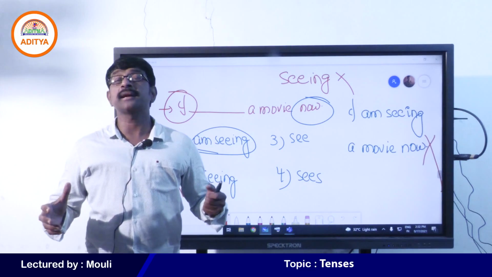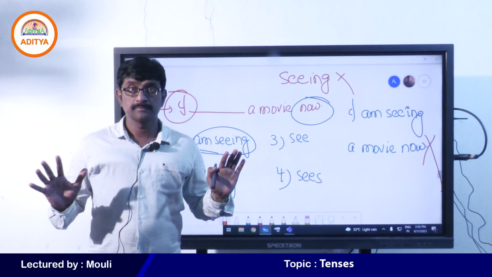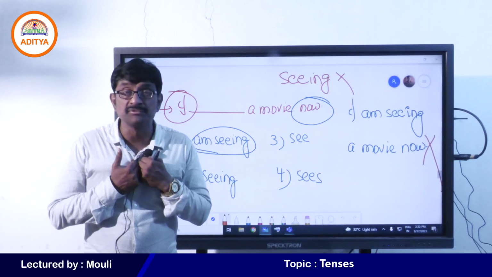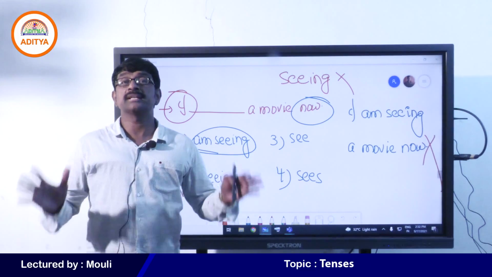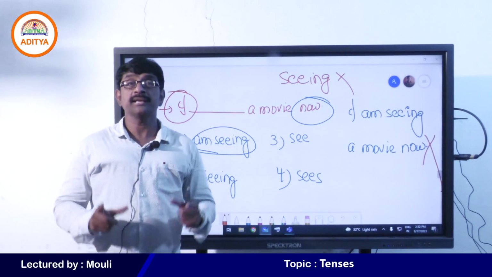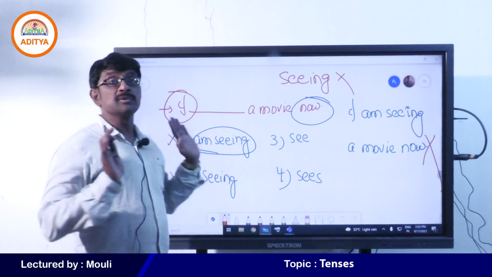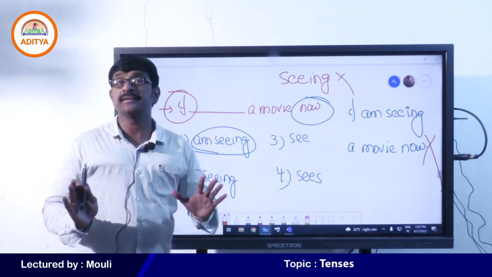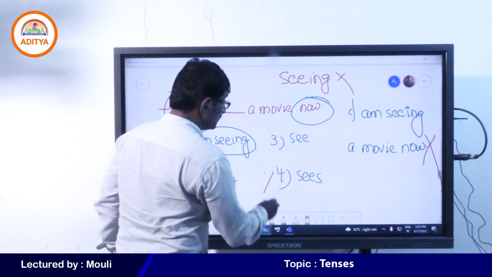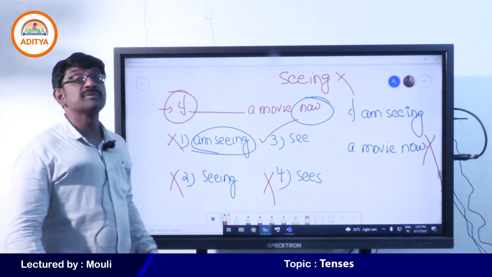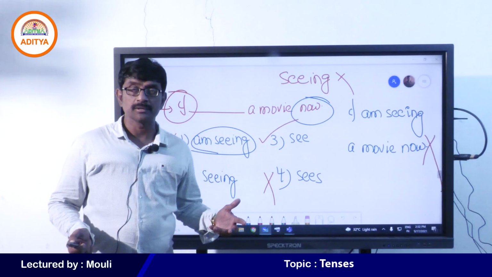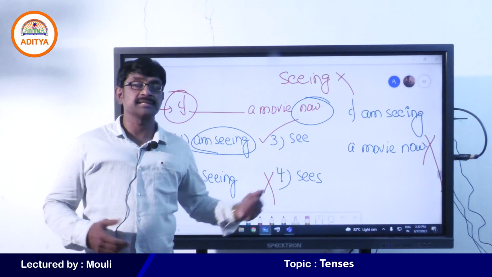So anybody can take the place of I. So in my view, I is not a singular word. I is a plural word. Okay, students? So for plural, there won't be any S ending verb. So we don't want this verb and we want this verb. I see a movie now. I can say like this.